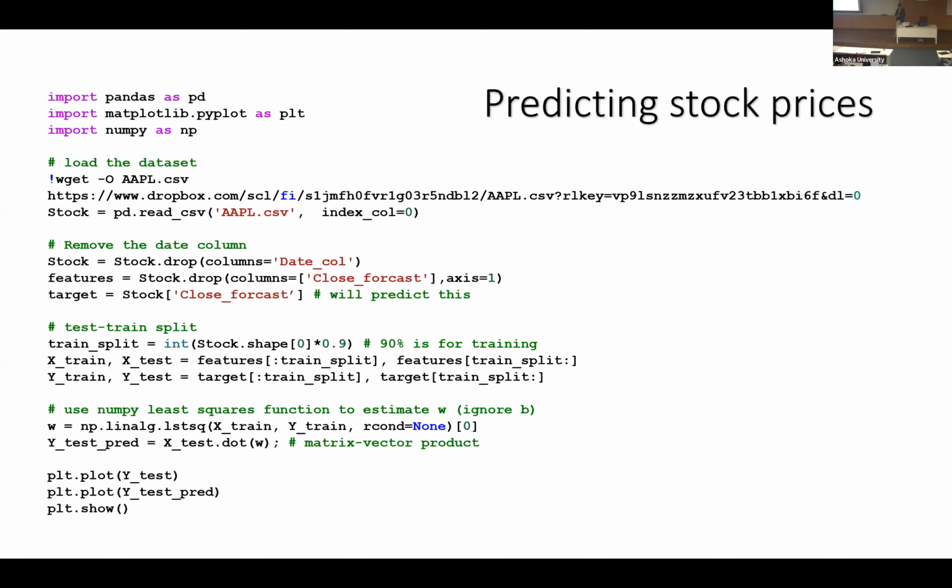Okay. Just also showing you some code. We'll go more into code tomorrow, but just showing you some code for the sake of it. This is for predicting stock prices. Now, if you don't know Python, you can just copy paste it into ChatGPT and ask what it is doing.